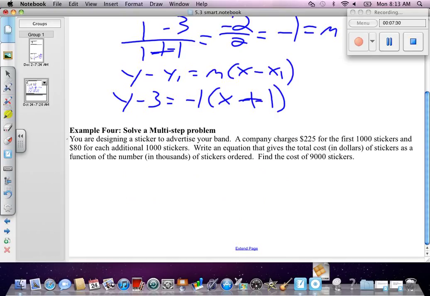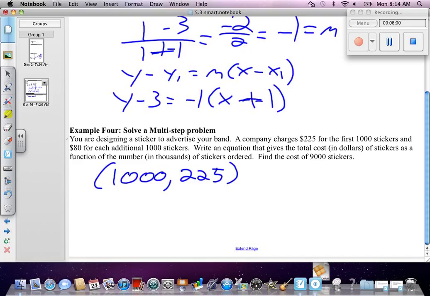Okay, so our first point is $225 for the first 1,000 stickers. And this is the opposite of what I'm doing. X is 1,000, 225. For each additional 1,000 stickers, it's $80.